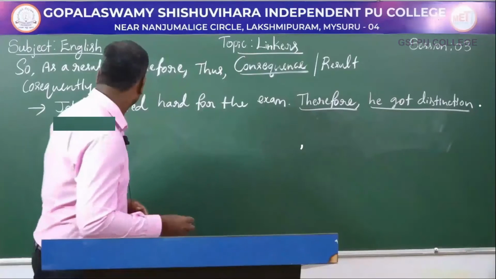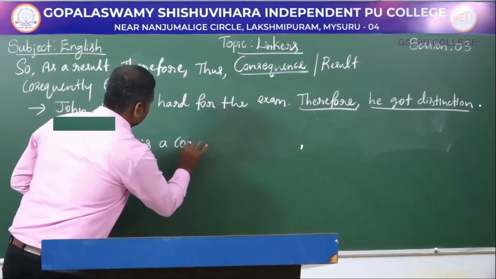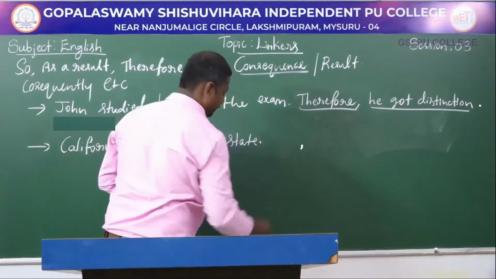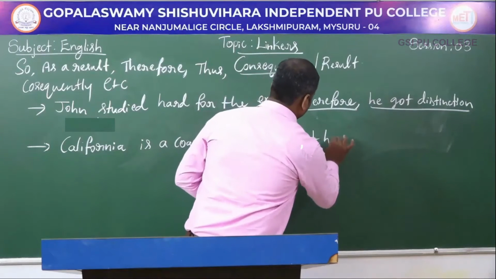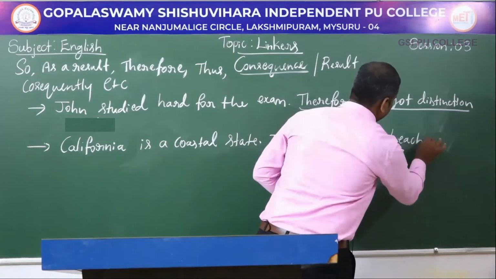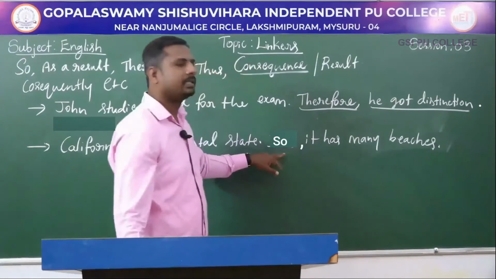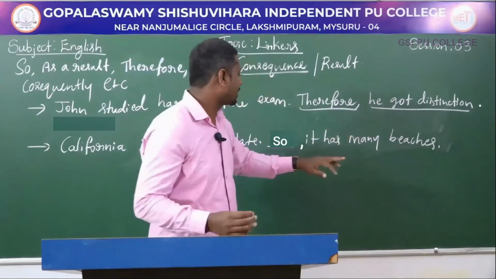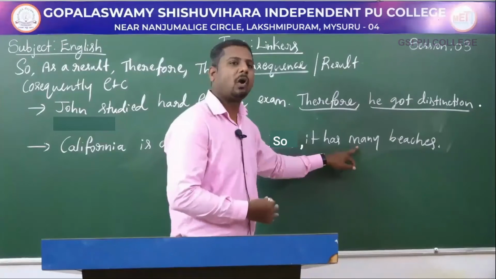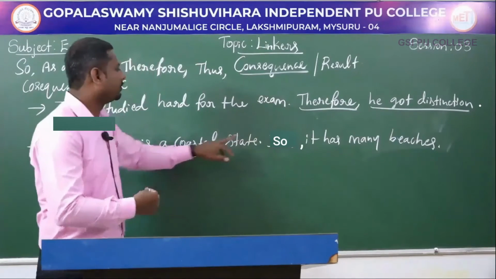Similarly, in the next sentence: California is a coastal state, so it has many beaches. Here the conjunction so introduces a statement. What is the statement here? It has many beaches, resulting from or caused by what is placed before the word.